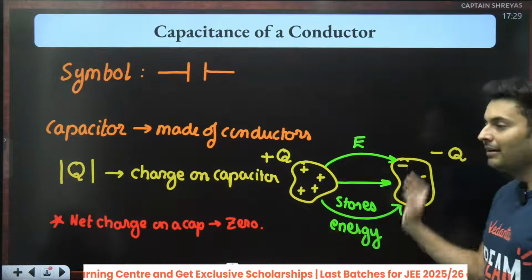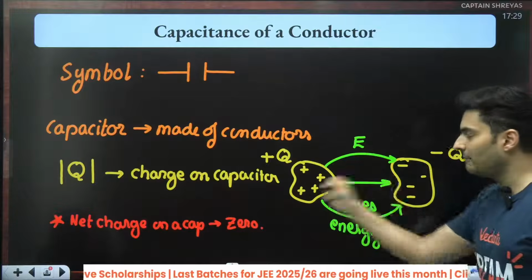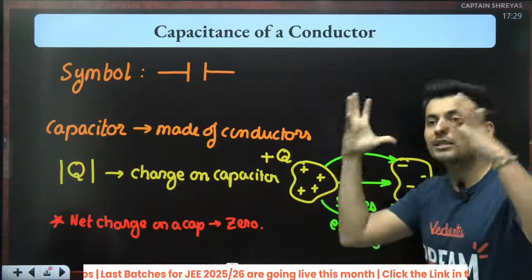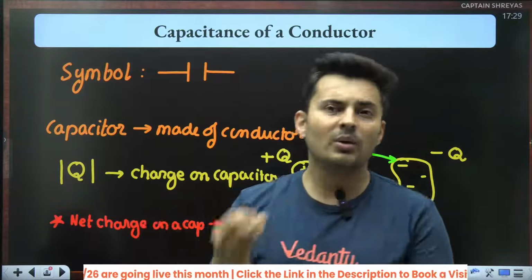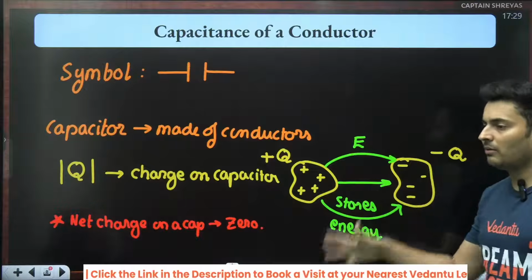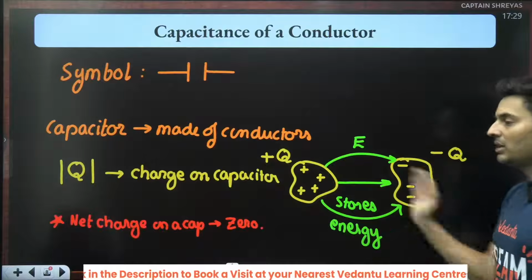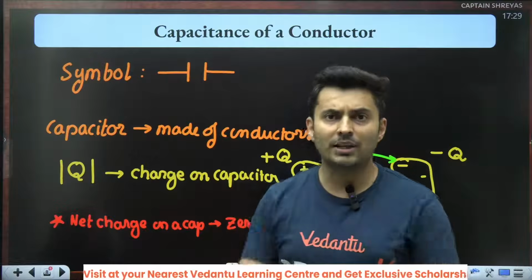So we take the magnitude of the charge, that's why I put mod, the magnitude of the charge on any one of the conductors as the charge of the capacitor. So whenever a question comes or whenever we refer to what is the charge on the capacitor, we are not talking about the negative or the positive, we are talking about the magnitude of the charge on any of the plates or on any of the conductors.